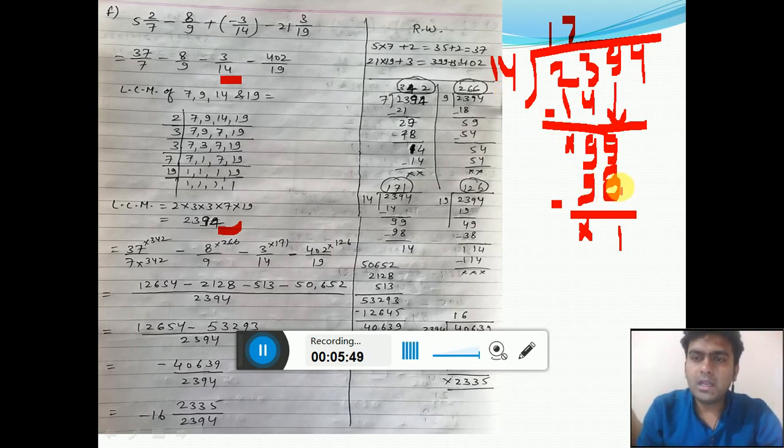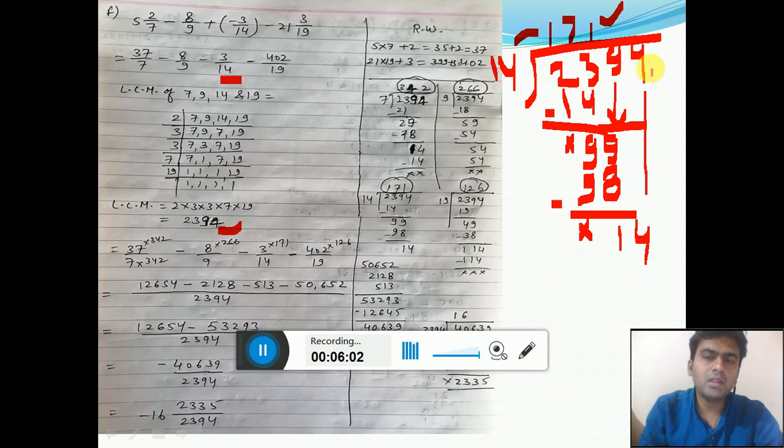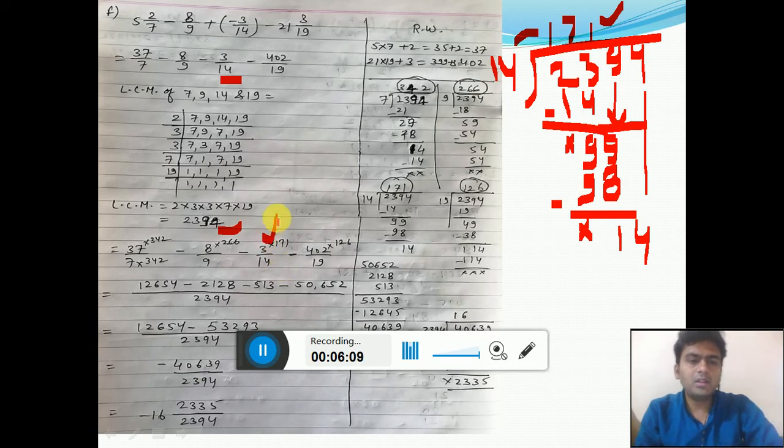Now 99 minus 98 equals 1. Now take the next number 4. So 14 ones are 14. So the number is 171. So multiply 14 with 171, we will get 2394. That's why we have written 14 into 171, so multiply the 171 in the numerator also.